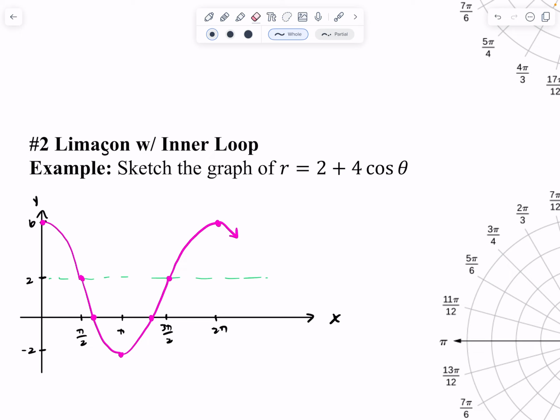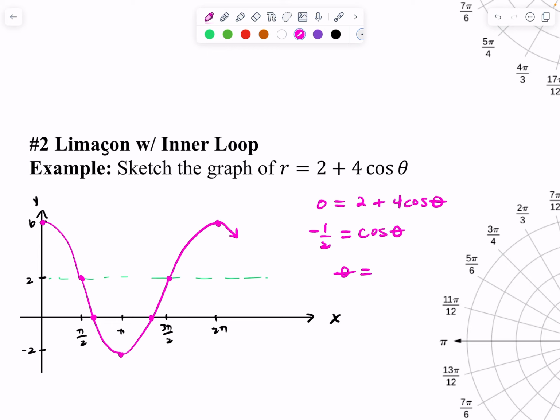But if we were to think about setting r equal to 0, or if you want to think about the equation in the xy plane, setting y equal to 0, we'll think about it that way. So that ends up being cosine theta, or cosine x, I'll just leave it as theta, equals negative 1/2.